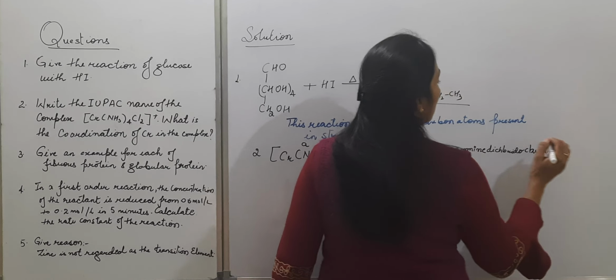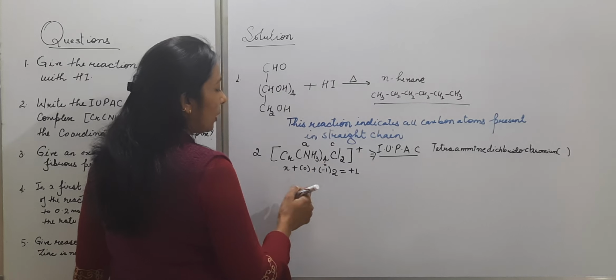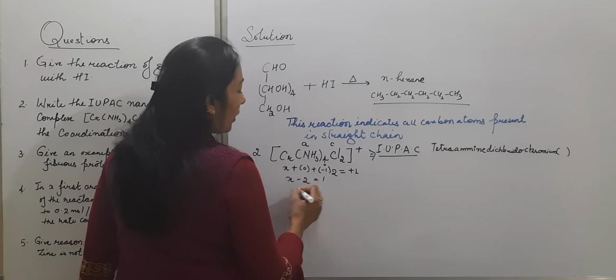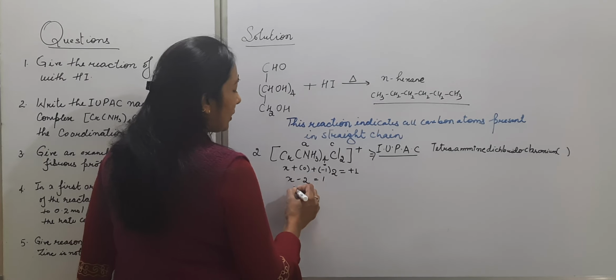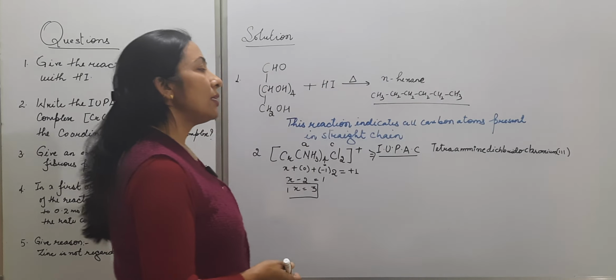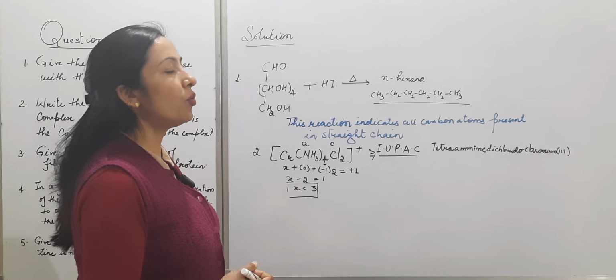So in order to find the oxidation number, let's see: x, ammonia has 0 charge, and we have -1 on chlorine, 2 molecules, and the overall charge given is +1. So x - 2 = 1, and this will be 3, because -2 will go there and add to 1, and it becomes 3, and we will write the oxidation number in Roman numerals. So the IUPAC name is tetraamminedichloridochromium(III).